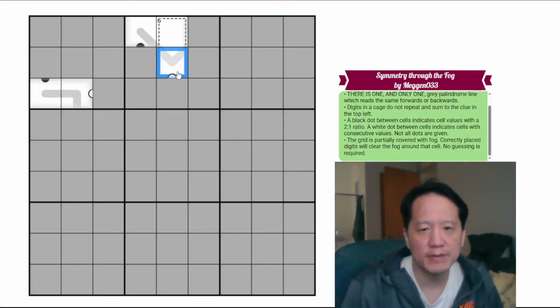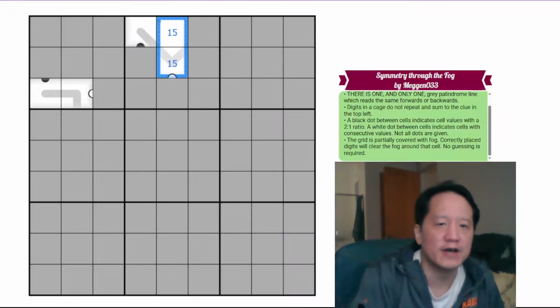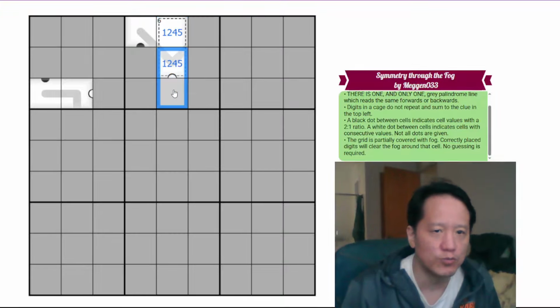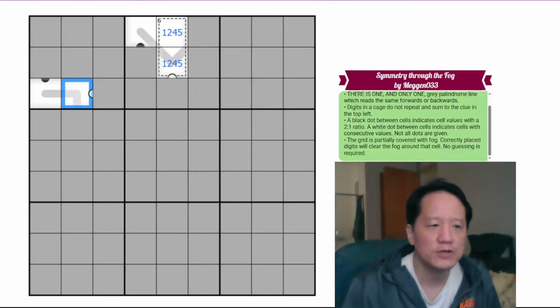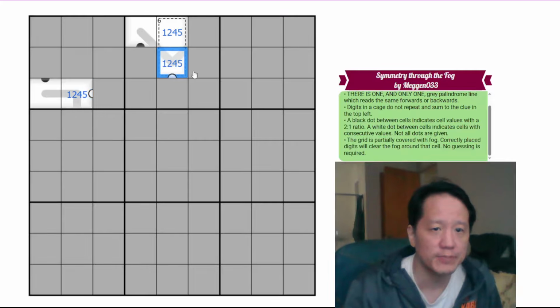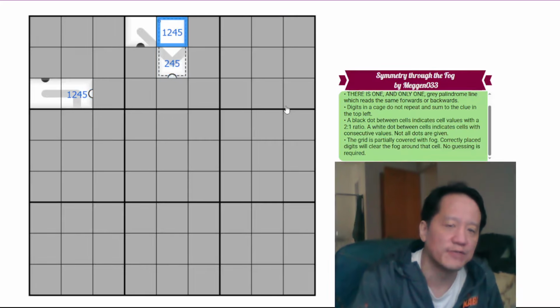So this cannot be 1. For the cage here, you have either 1, 5 adding up to 6 or 2, 4 adding up to 6. This can't be 1 because 1 is consecutive with only one unique digit, 2. So that's why it can't be 1. So this can't be 1, which means this can't be 5 to add up to 6, and this can't be 1 for the same reasoning.